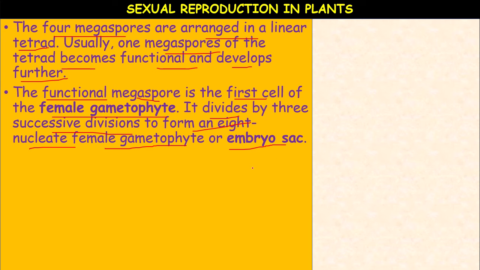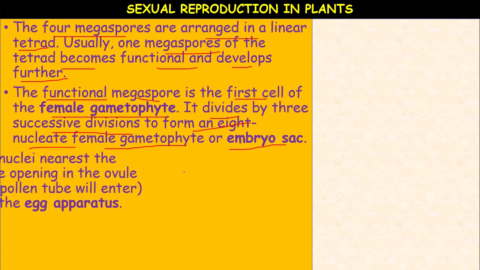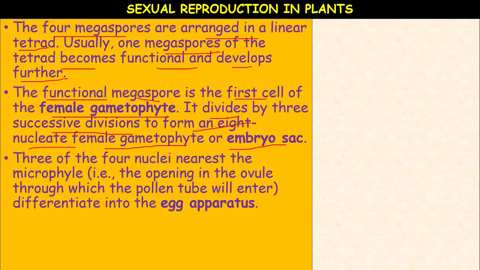First 4 megaspores are formed. From those 4 megaspores, 3 degenerate and disappear, and 1 megaspore, the functional megaspore, divides by 3 successive divisions to form an 8 nucleate female gametophyte, called the embryo sac.